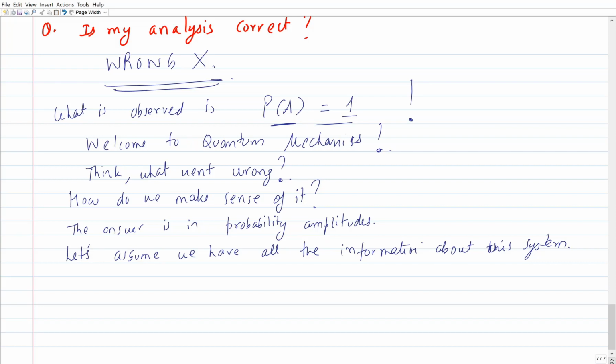So quantum mechanically, how we make sense of this is that an event has a probability amplitude associated with it.